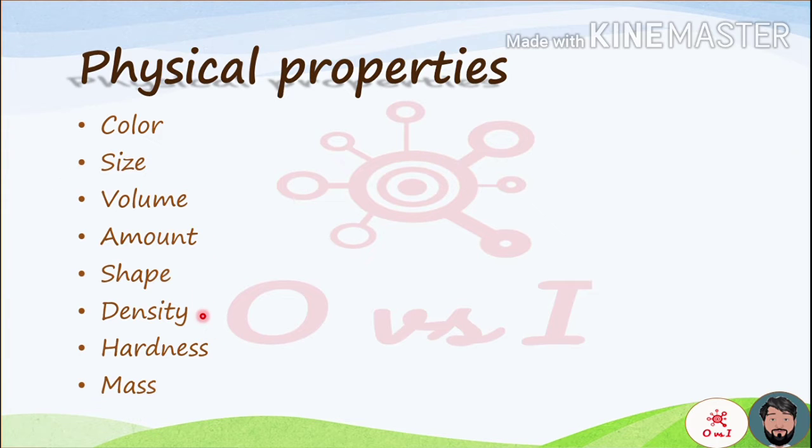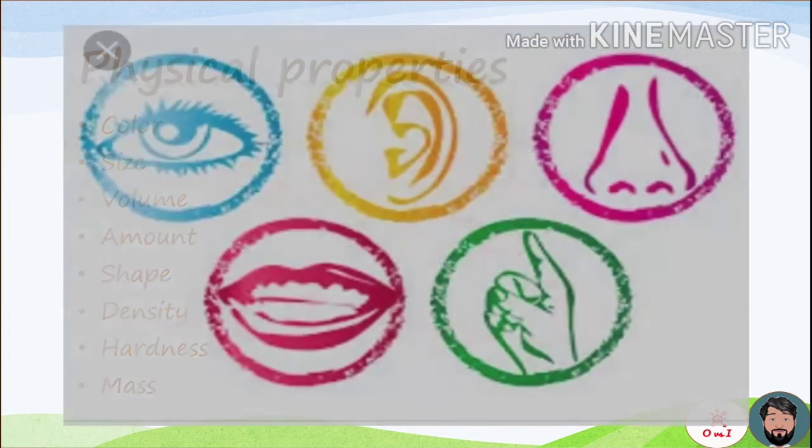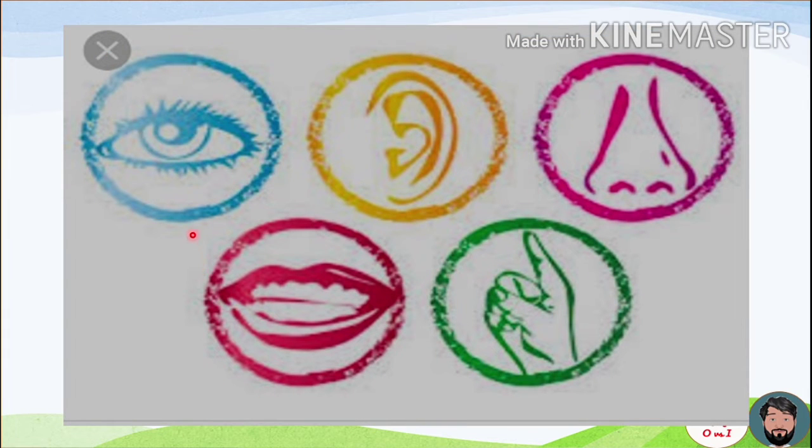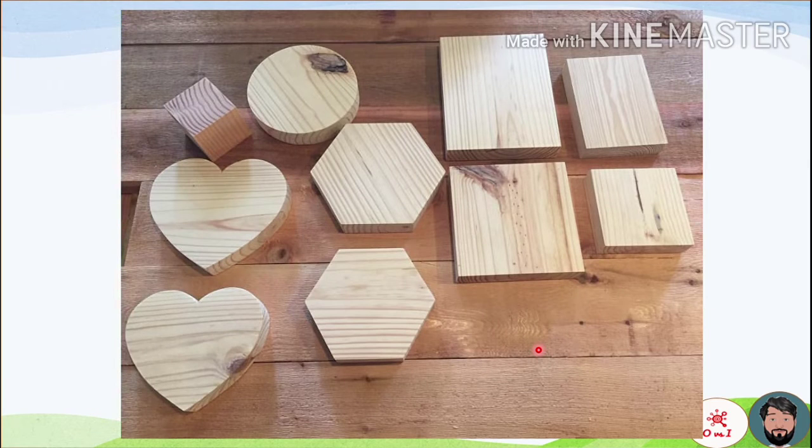So the hardness of a wood, if it is a large log or small log, would be the same, as well as its mass. Let's see, physical properties are the properties that you can observe with your five senses. You can see it, you can hear it, you can smell it, you can taste it, or you can touch it. So these are the physical properties.